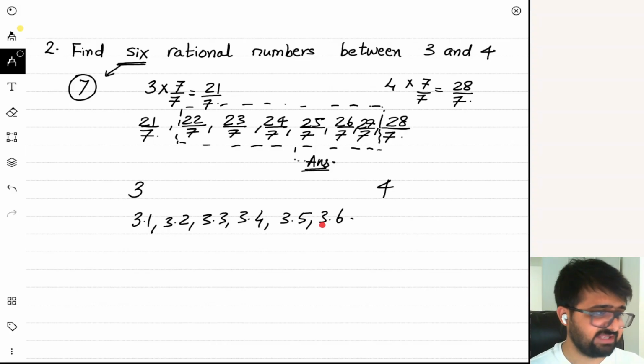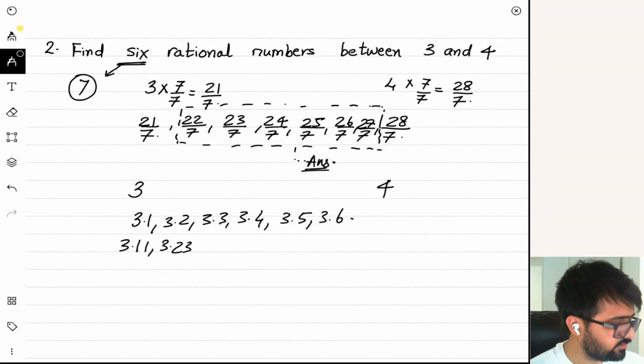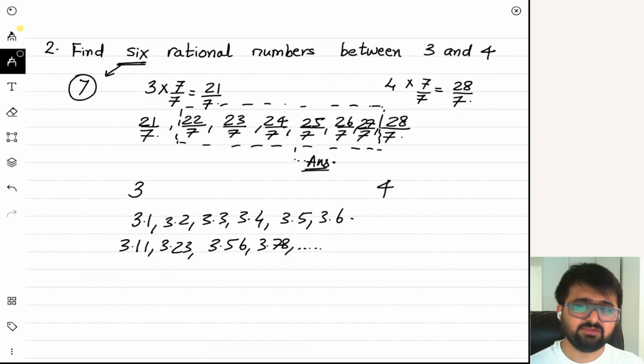These are six rational numbers. Or you could have said 3.11, 3.23, 3.56, 3.78, and so on. So there can be really infinite rational numbers possible between 3 and 4.